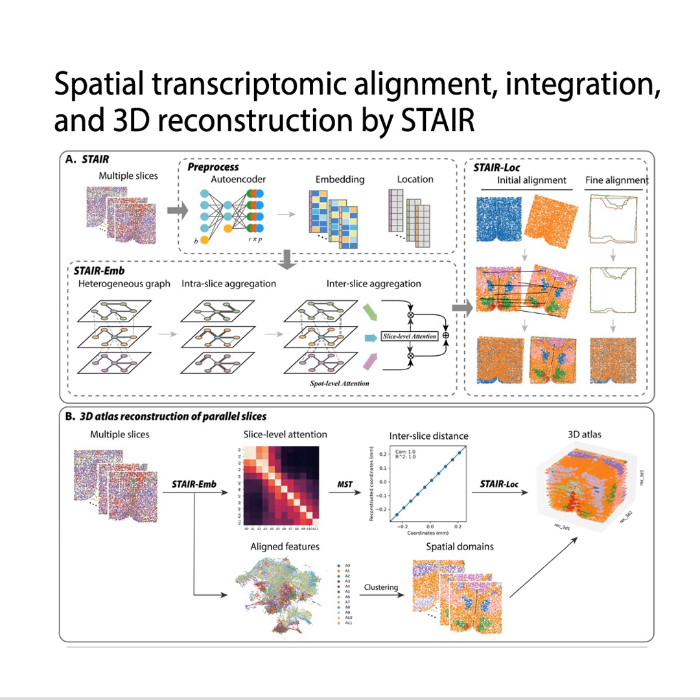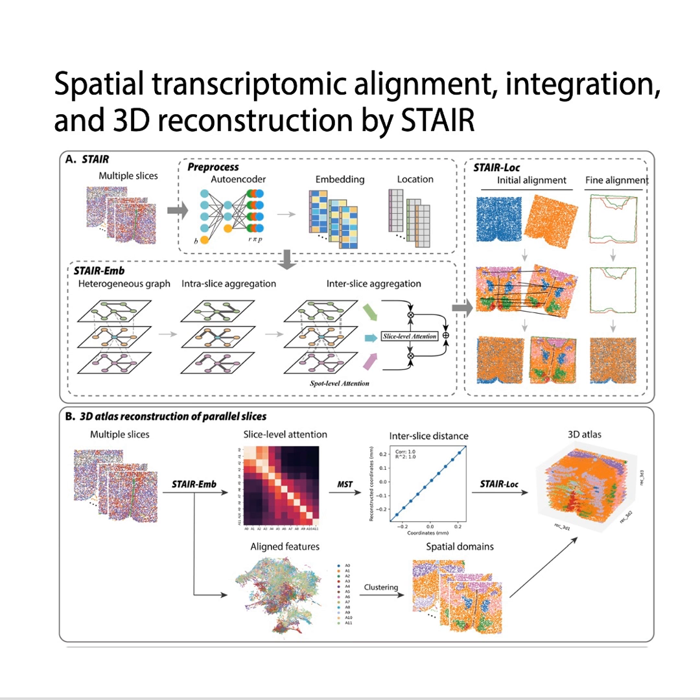The crucial part is defining the connections, or the edges. First, you have the intra-slice edges. These are simple. Spots that are physically close together within the same slice get connected. It's just a standard nearest neighbor rule. Okay, that makes sense. They're physical neighbors. But how do you connect a spot in, say, slice 5 to a spot in slice 15 when you don't actually know their physical distance yet?